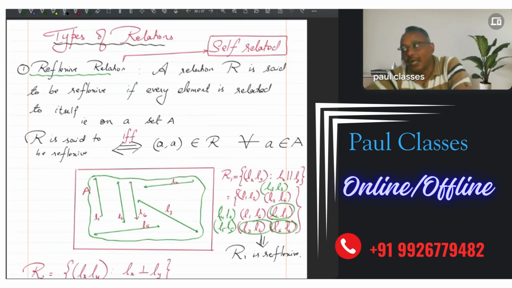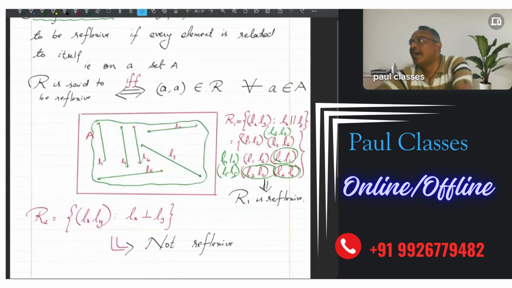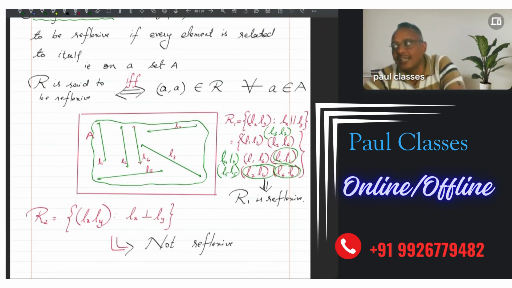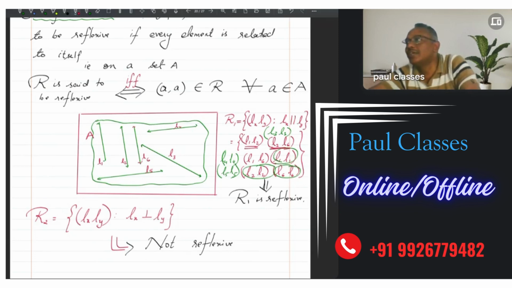I want to check whether the relation defined as (Lx, Ly), where Lx is parallel to Ly, is reflexive. Let us take the parallel condition. Every line can be parallel to itself, right? If L1 is a line and I make another coincident line on top of it, won't every line be parallel to itself?